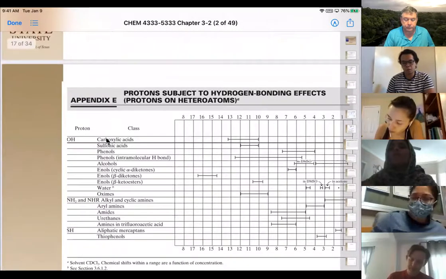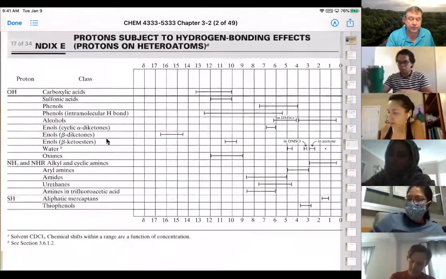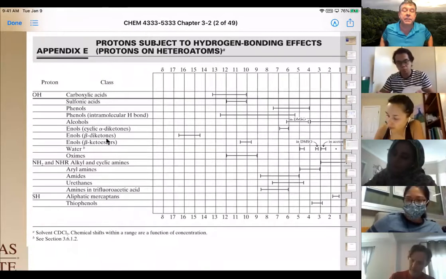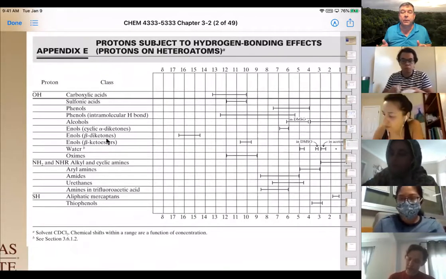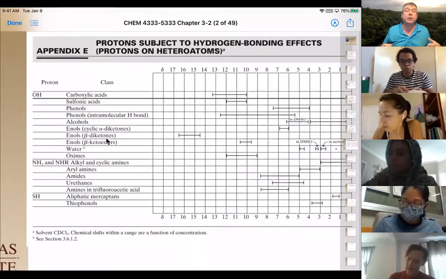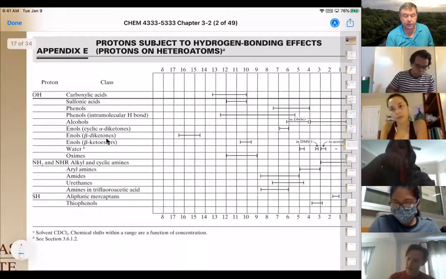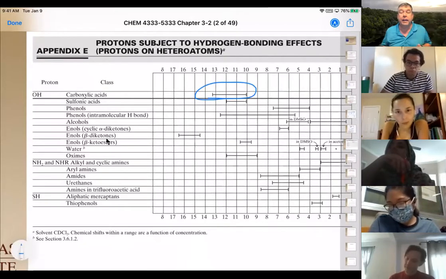Okay, so in your book on Appendix E, we can blow this up, and what we'll see is that the OH group can be moved all over the ppm range based on what it's bonded to or how acidic it is. A couple things I'd want to draw your attention to: carboxylic acids, the OH up here, rarely shows up below 10.